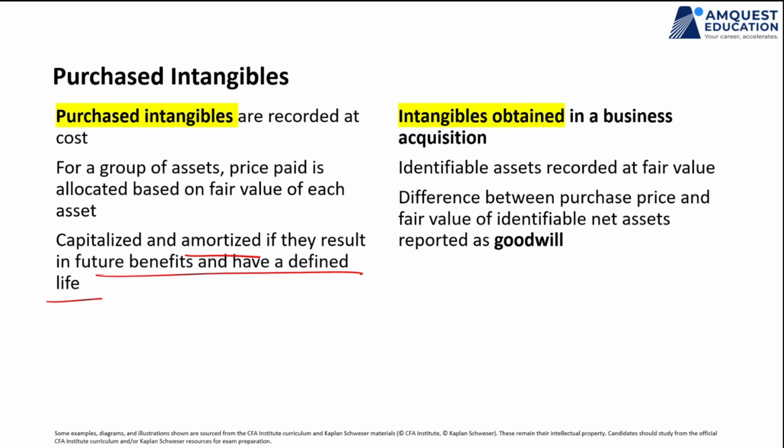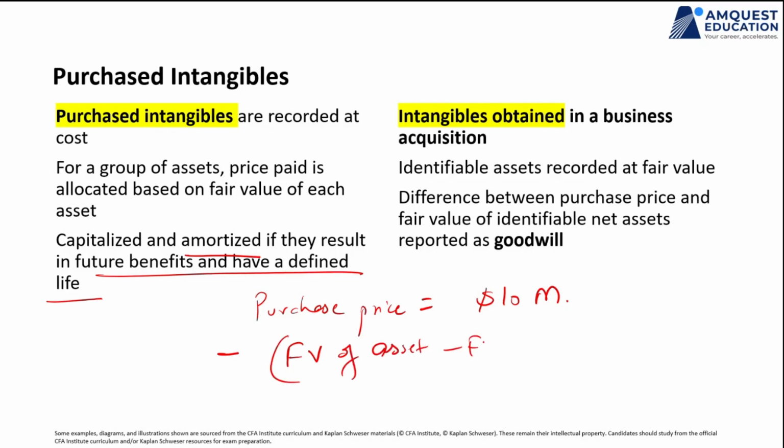So the idea is, if you have purchased a company, right? So let's say there is a purchase price. You have paid $10 million to acquire a company, and your fair value of assets minus fair value of liabilities is $8 million.